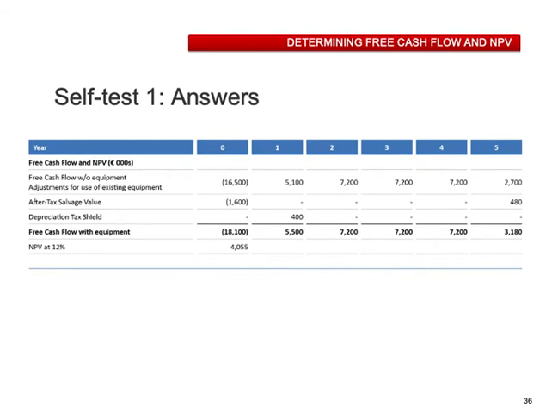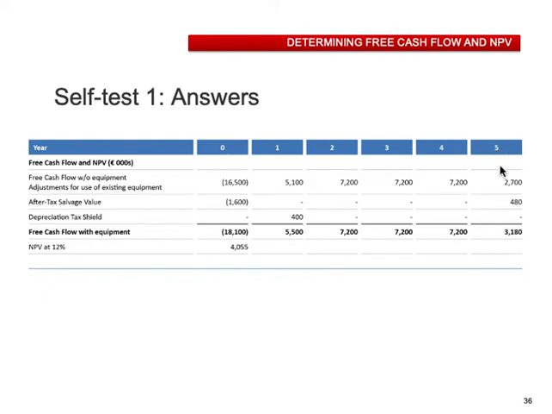So now we need to recalculate the cash flows, including the new equipment. And we can see that in year 0, we have a cash flow of 18,100,000. In year 1, we also have a different cash flow compared to the previous example. In this case, we have 5.5 million.